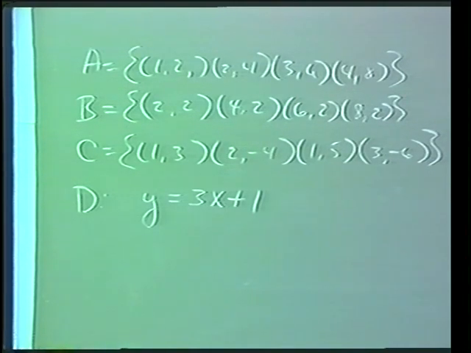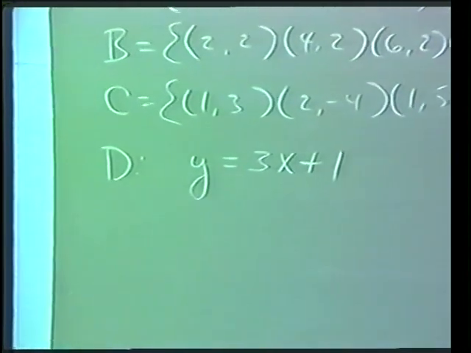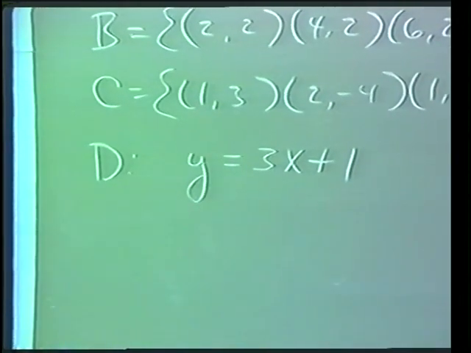What's y? If x is 2, what's y? 7. If x is 5, what's y? 16. Are you getting a set of ordered pairs? Yes, you sure are. That's all that is. It's a set of ordered pairs. Set of x, y's.